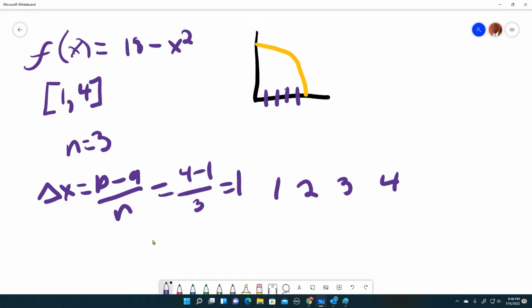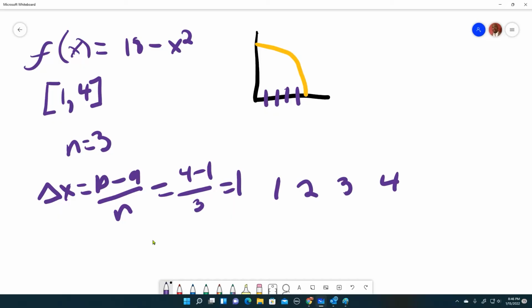All right, so now we're going to hit the function with the left endpoint of each rectangle. So when I do this subinterval from 1 to 2, I'm going to hit it with the 1, the guy on the left, and then go, oh, I rounded that a little bit. Sorry. And when I hit the guy from 2 to 3, I'm going to hit it at 2, go over, come down.